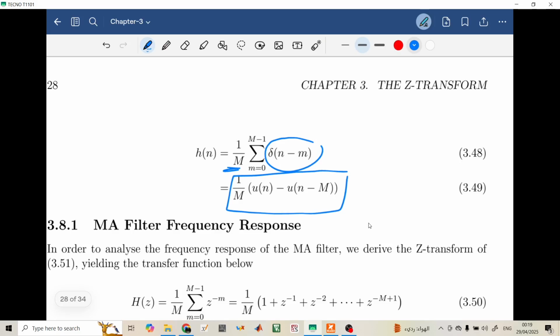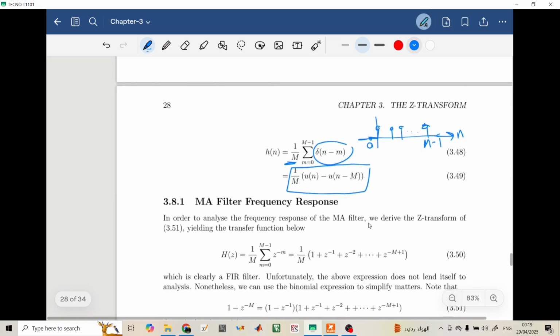So if you look at the response plot, it's like this, right? You have n points from 0 to m minus 1. So you have m points here. Okay, looks like a box. So here you have zeros and zeros.